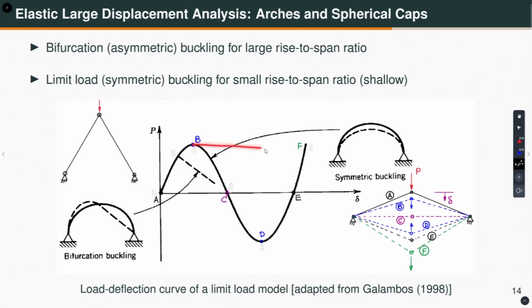So, after point B, it will directly go here horizontally. So, that is called a snap through problem. But if you want to get this behavior, then you have to do a displacement control analysis or a test, okay. So, this is one example of situations where you have to perform large displacement analysis.